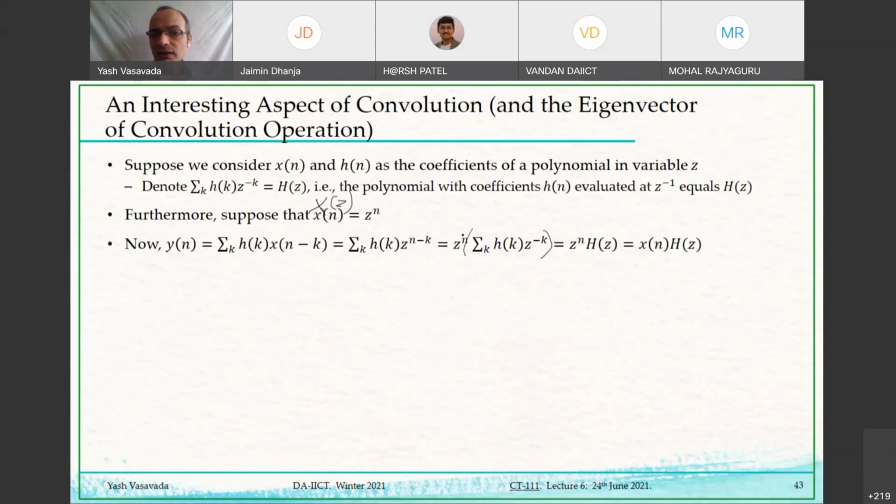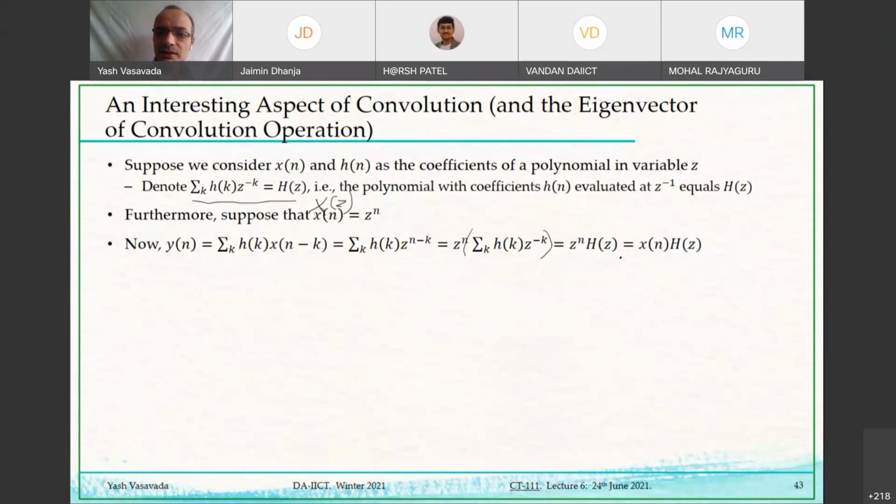Independent of what time index it is, this bracket remains the same. It is a summation over k of h of k, z to the minus k. But we have denoted it already as this polynomial h of z, now evaluated at z inverse.